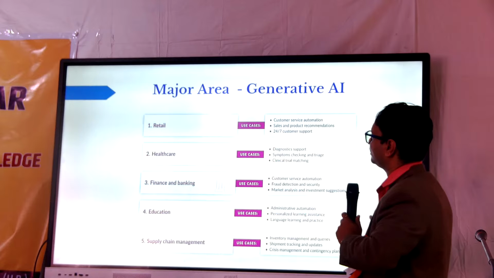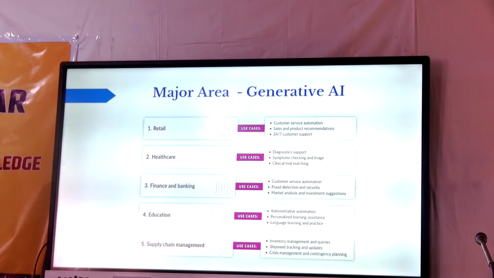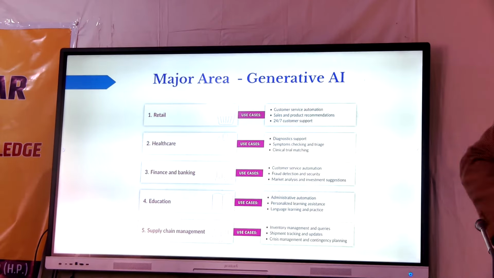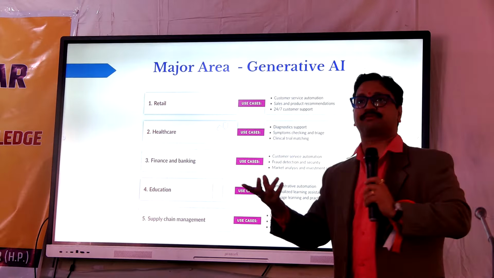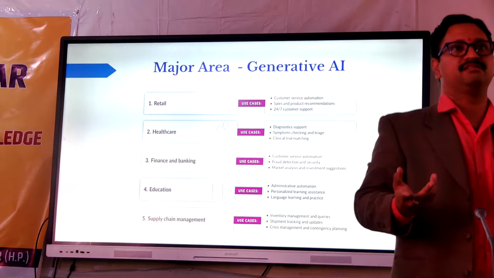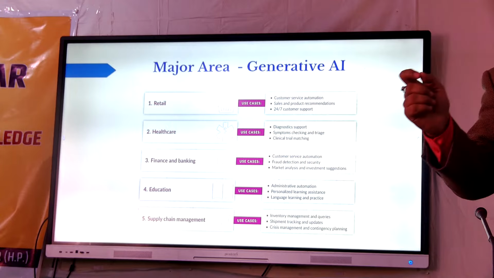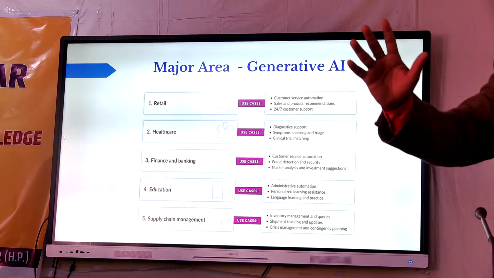I know the time is limited. So these are the areas where generative AI is used, also on Flipkart or Amazon. On Amazon and Flipkart, the chatbot is there. You can customize things: I need red color shoes or yellow color sports shoes, of a certain size.